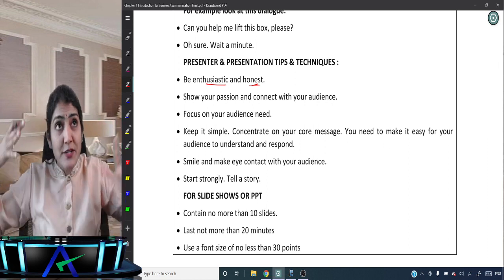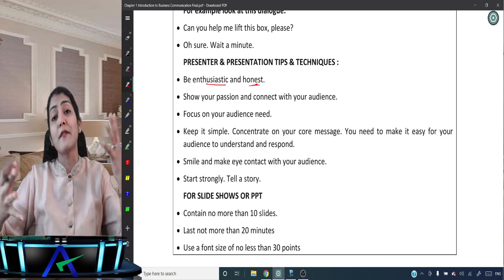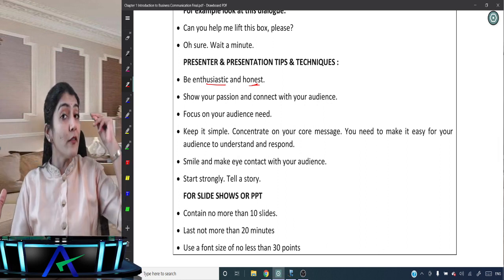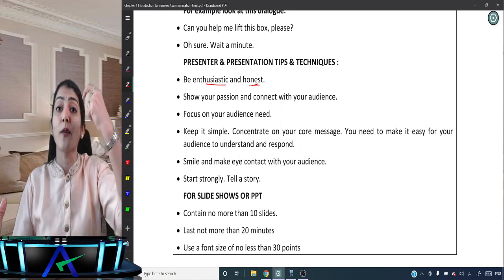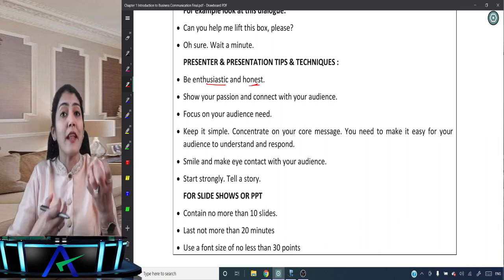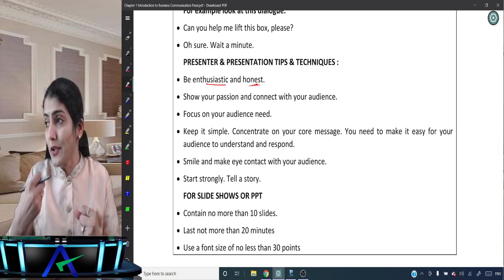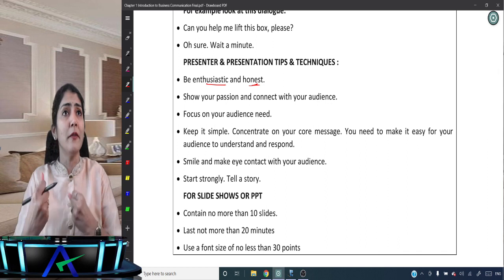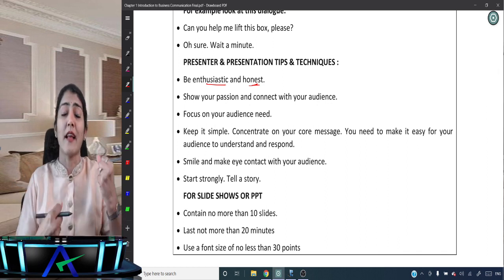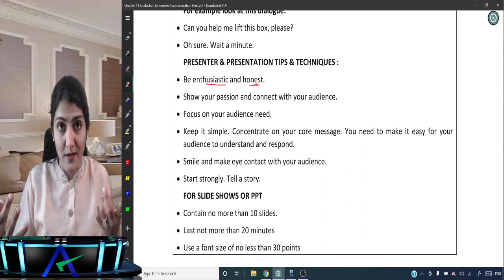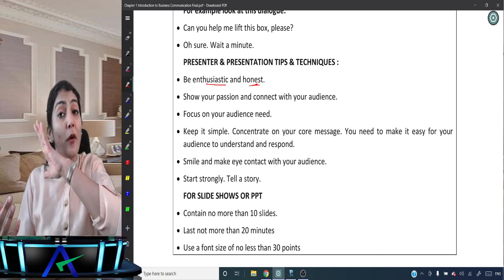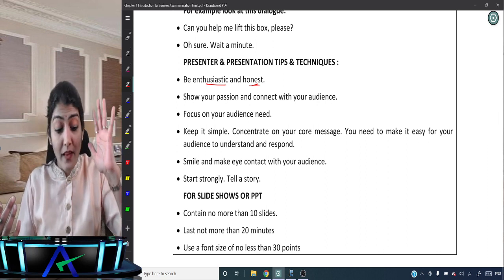They are that electrifying. They are not their original selves when they are communicating. So be very enthusiastic and honest. Enthusiasm is very contagious. When you look at some enthusiastic person, even you are bound to feel that enthusiasm and that motivation to do things. So enthusiastic and honest, that is credibility, sincerity.